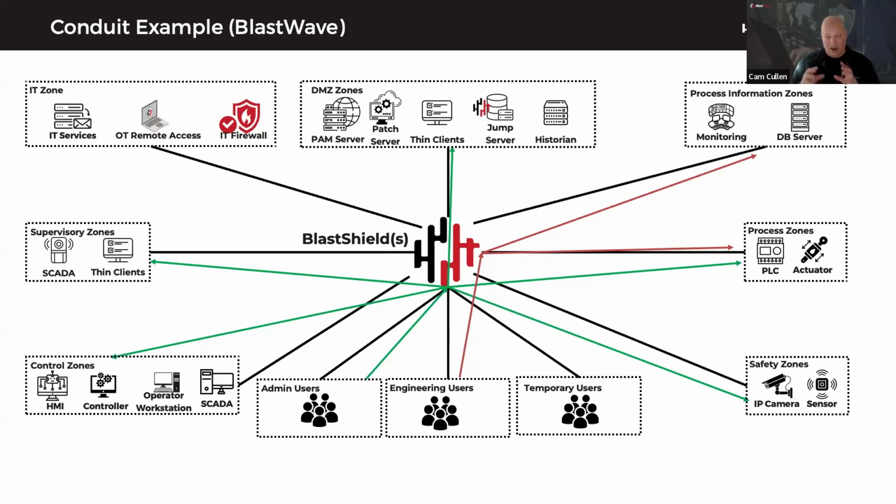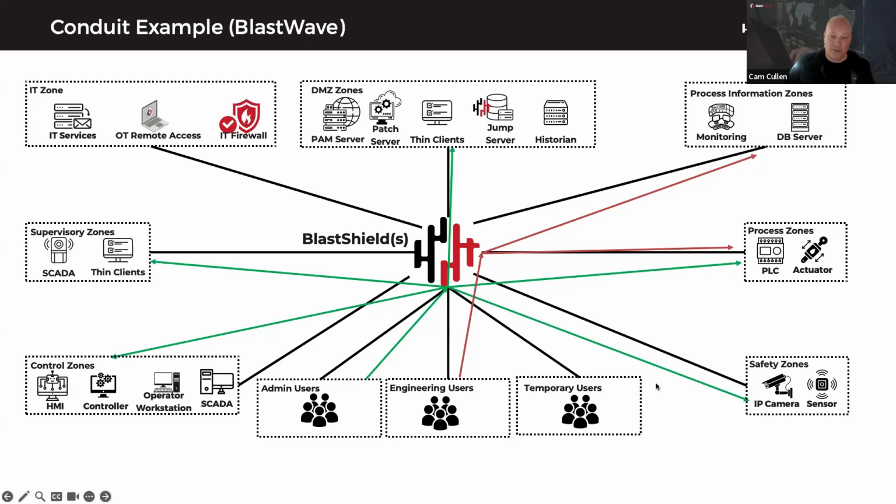So not only is that all they can access, but that's all they can see. And again, I'll invite you later on to get a demo. If you did a port scan as an admin user, I would see everything that's connected to the green lines here. If as an engineering user I did a port scan, I would only see the devices that I was allowed to talk to, if I actually allowed ICMP traffic in the network. So you can, again, reduce that.